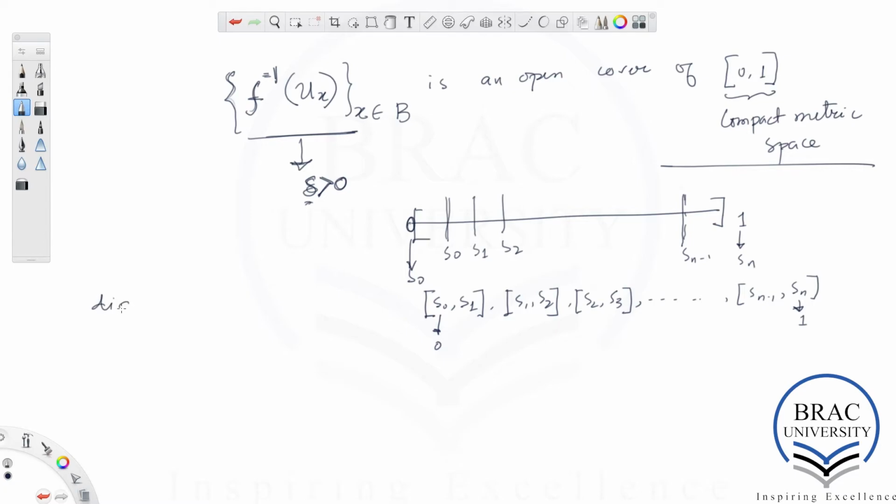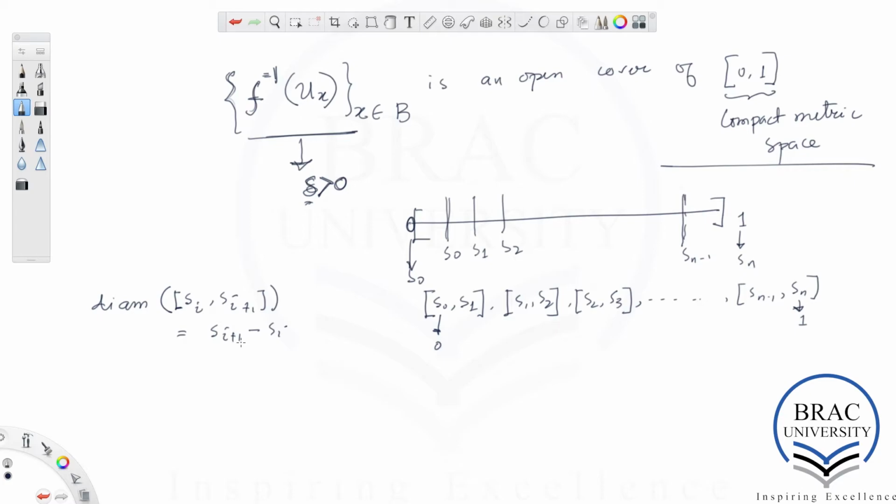So the diameter of the closed set from Si to Si plus 1 is precisely the length of this subinterval, Si plus 1 minus Si.